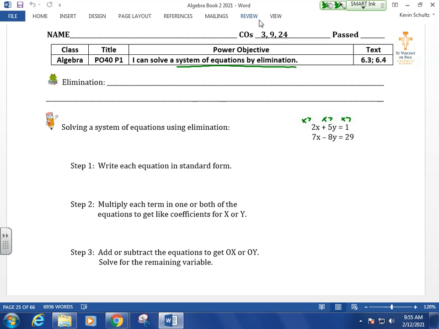And so this equation gets rewritten to be 14x, 2x times 7, plus 35y, 5 times 7, equals 7, 1 times 7. Okay? My bottom equation, I'm going to multiply every term in that one by 2.